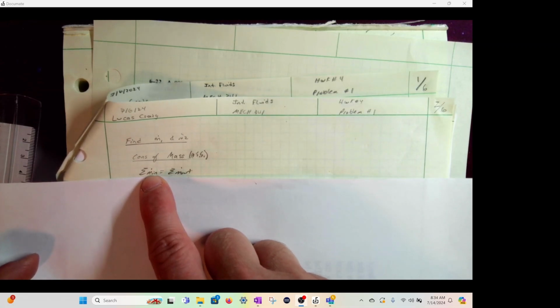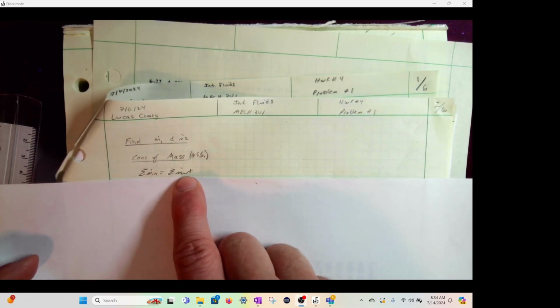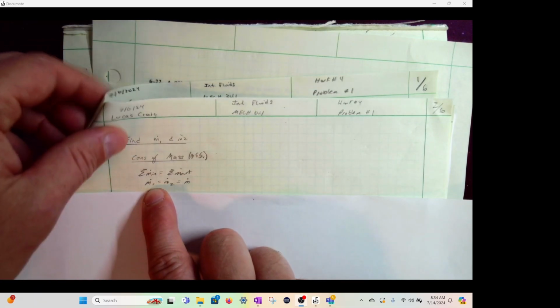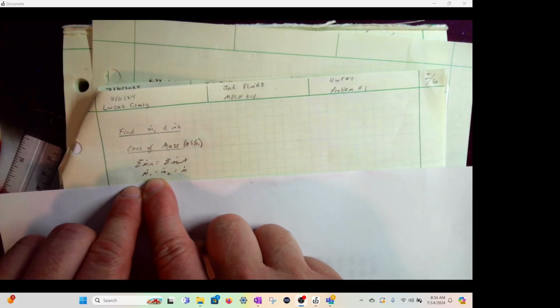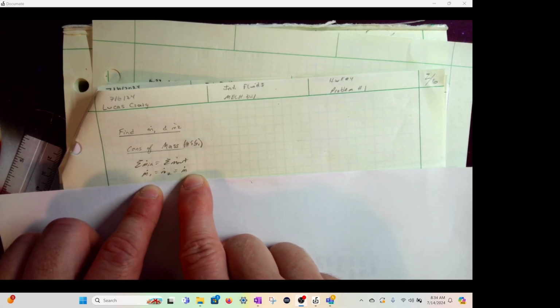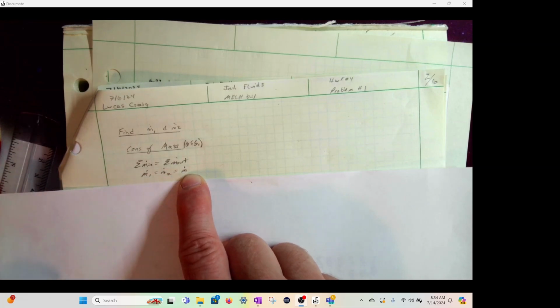We're going to use conservation of mass at steady state, which states that the summation of m dot in equals the summation of m dot out. We only have one m dot in, which is m dot 1, and one thing out, which is m dot 2, and that we're just going to call m dot because we have that in our givens. Cool.